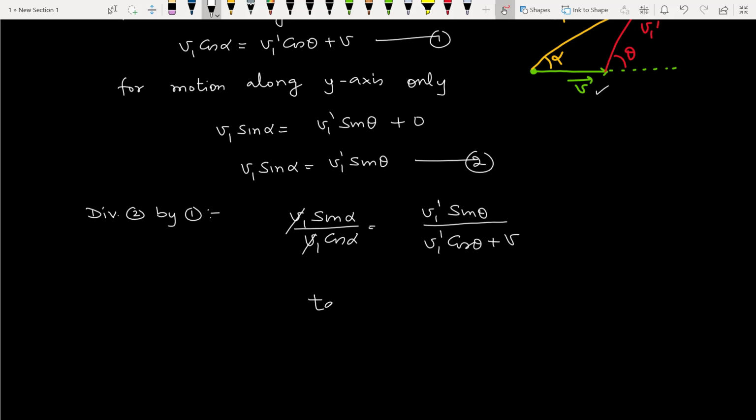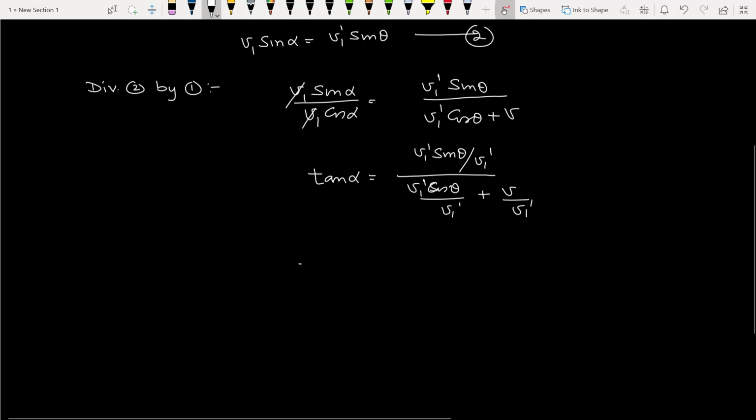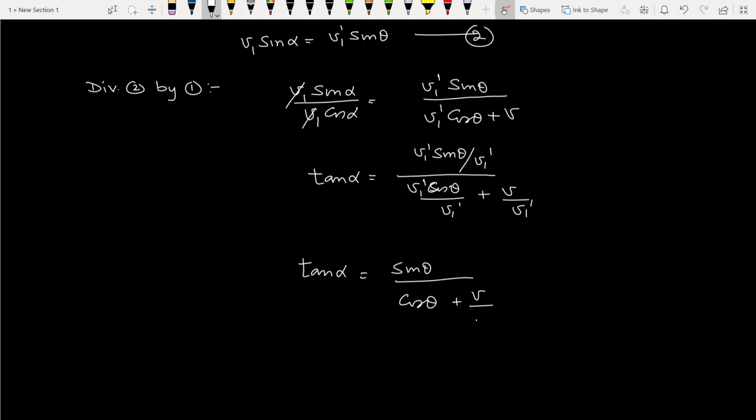So it will be tan alpha, since sin alpha over cos alpha is tan alpha, and here we divide each term by v1 dash. So tan alpha will be sin theta divided by cos theta plus v divided by v1 dash. We mark this as equation number 3.